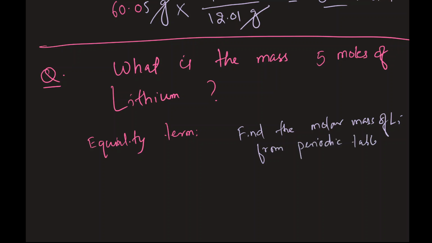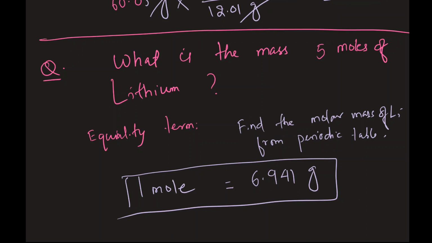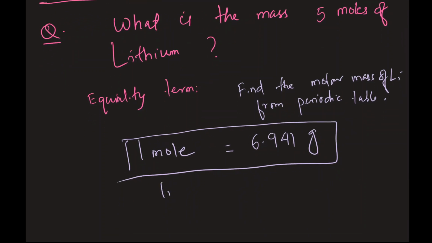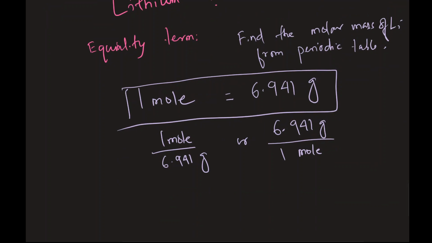Just look at the periodic table and see what number you get. For lithium, the number is 6.941 grams. So the molar mass is: per each 1 mole, it is 6.941 grams. So what would be the conversion factor? Per each 1 mole, it is 6.941 grams, or 6.941 grams of lithium contains 1 mole. And what's the question we are given?